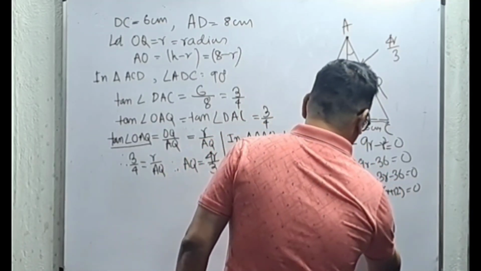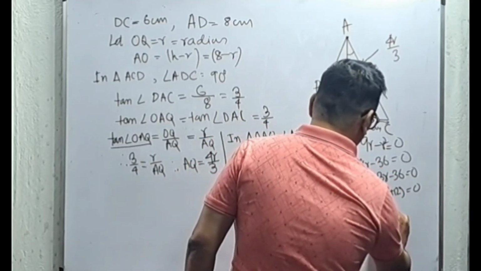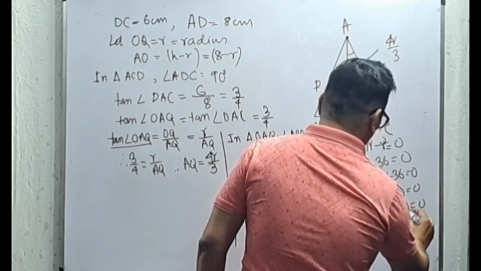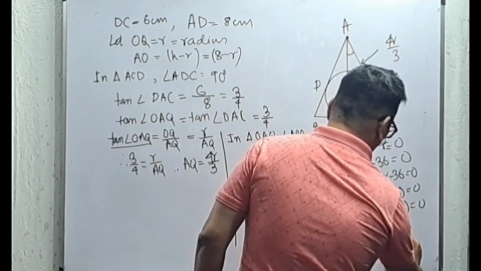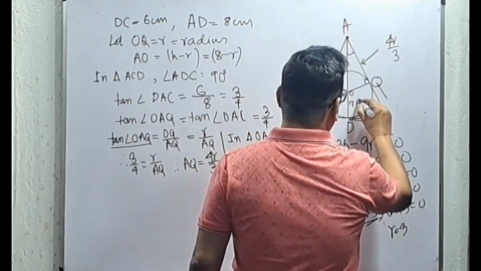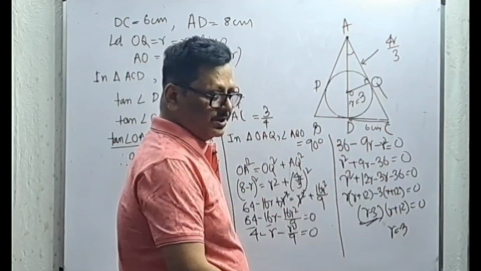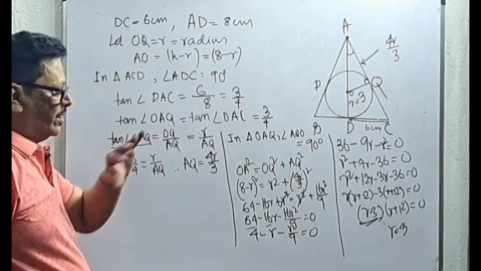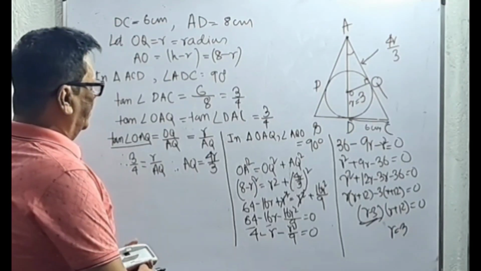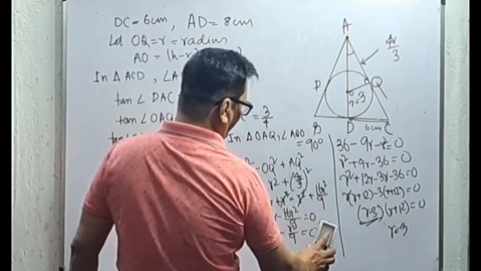So there we get R minus 3 into R plus 12 is equal to 0. So we accept R is equal to 3. So we got this radius is equal to 3. Now the rest becomes easy. Okay, keep this and we are moving on.